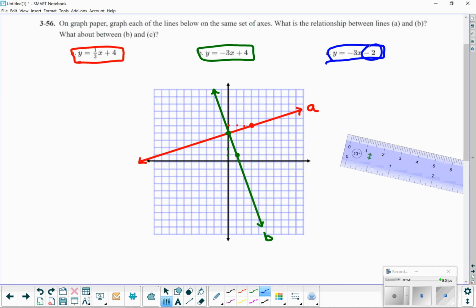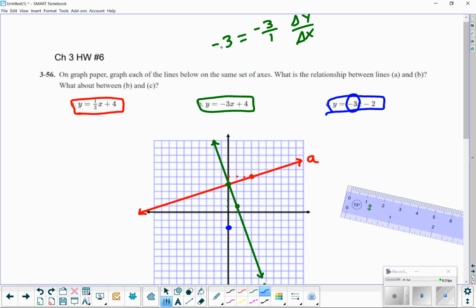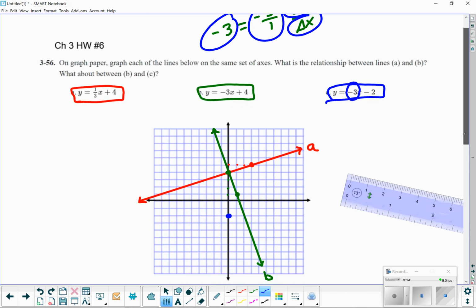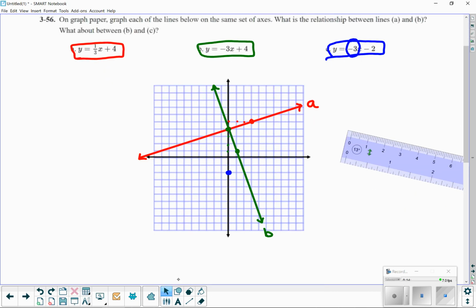The y-intercept is going to be negative 2. So I'm going to start at negative 2. And the slope is going to be negative 3, which we already saw. Negative 3 really means negative 3 over 1 for the change in y over change in x. So I'm going to start at negative 2, and then go down 3 and over 1.